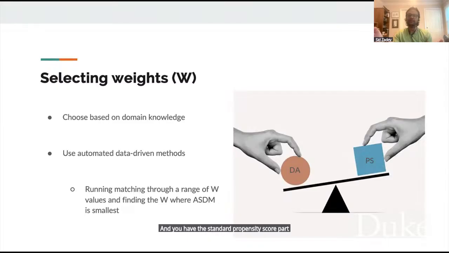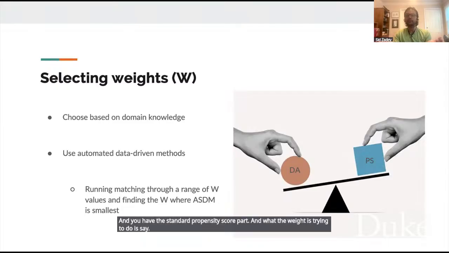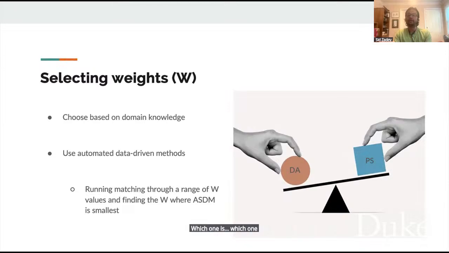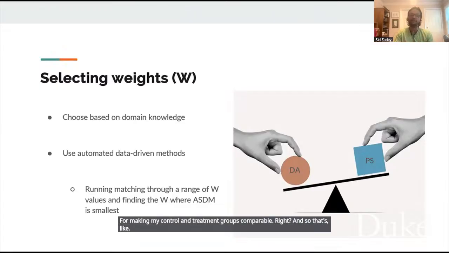And what the weight is trying to do is say which one I think is more informative for making my control and treatment groups comparable, right? That's the trade-off or balance that you're trying to find.